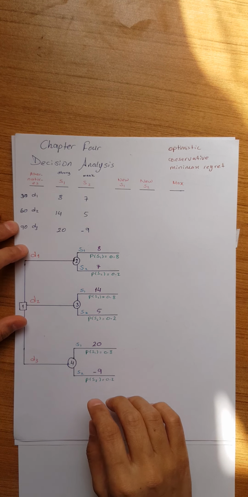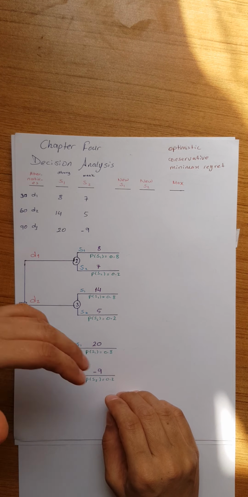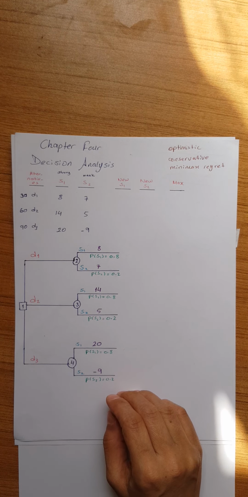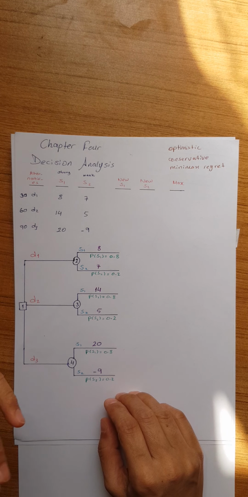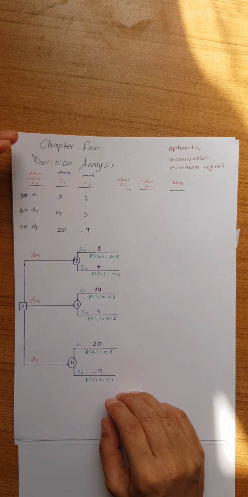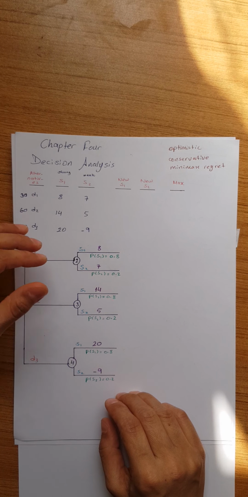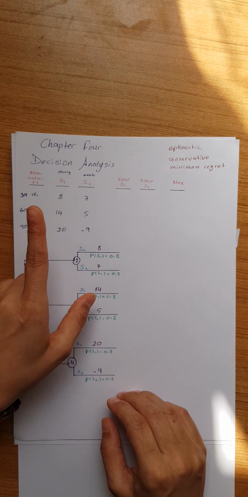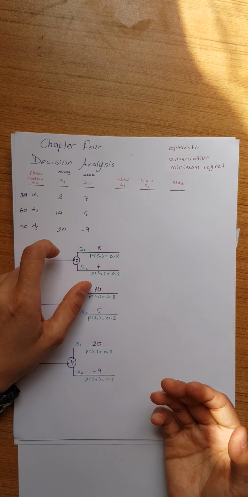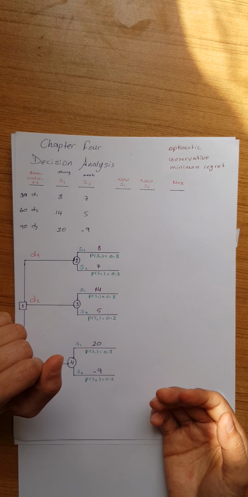A decision maker uses the optimistic approach when they are very optimistic for something to occur, to happen. So when we use the optimistic approach, we are looking at the max of the states of nature. We are looking at the strongest possibility that we have for the situation.